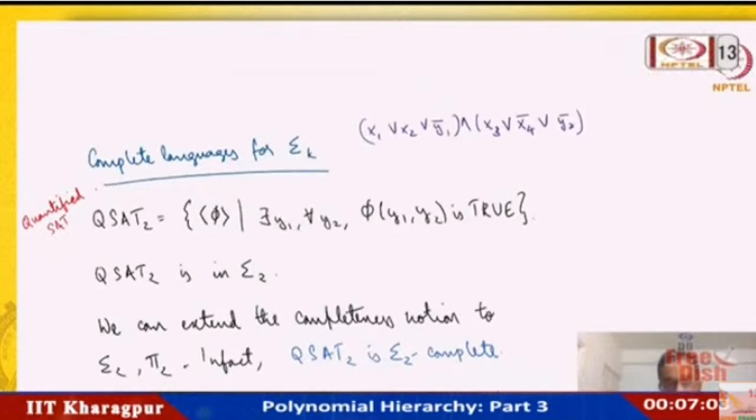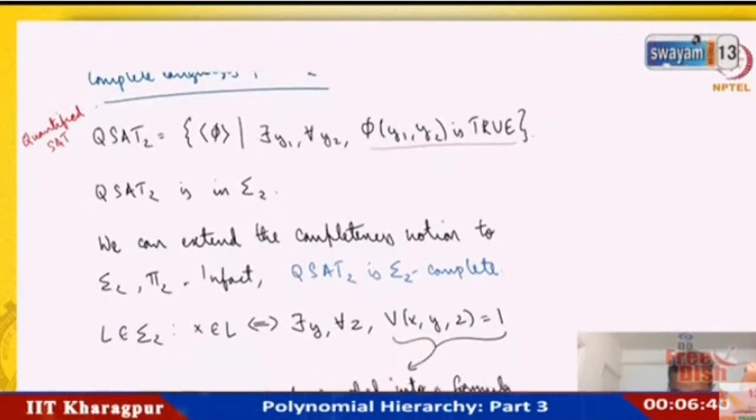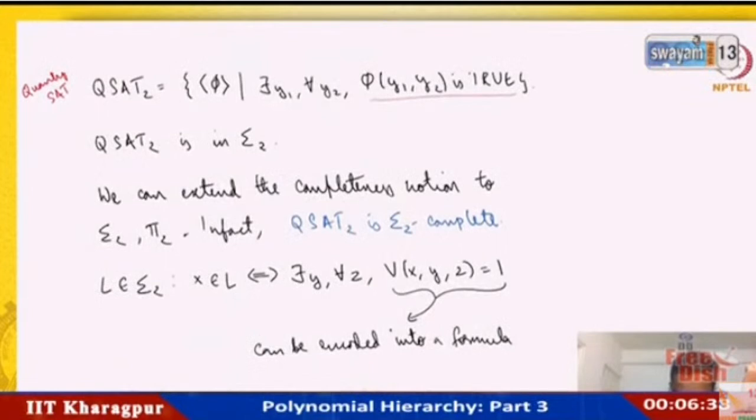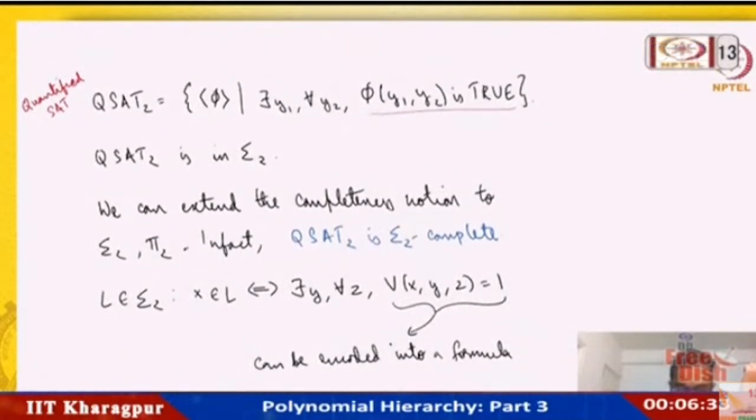And this is clearly in sigma 2 because there is a for all followed by this thing which can be verified by a deterministic polynomial time machine, right? So once you give y1 and y2 a certain assignment, it's easy to verify that the formula evaluates to true. And this happens to be, this QSAT2 is a sigma 2 complete language.